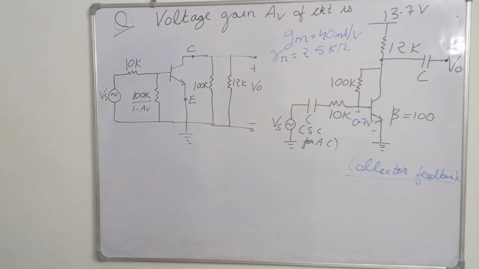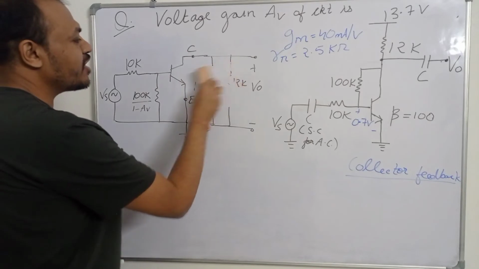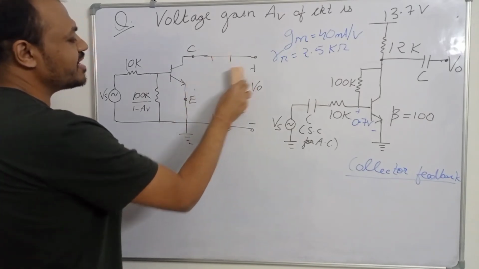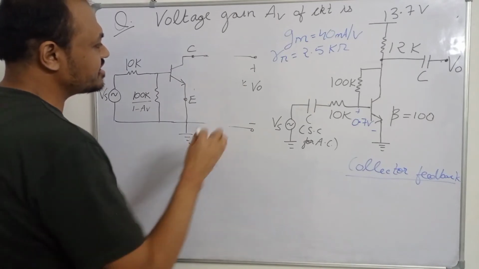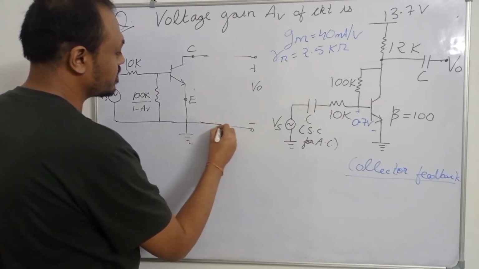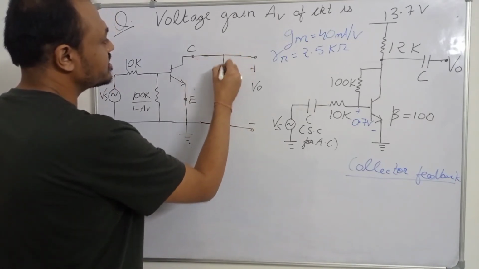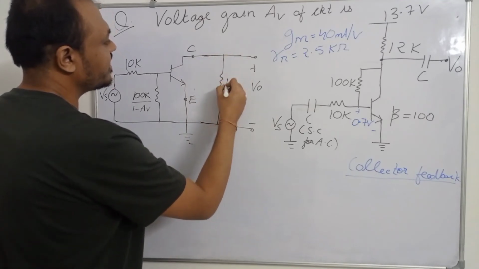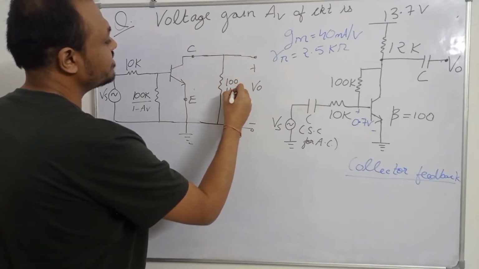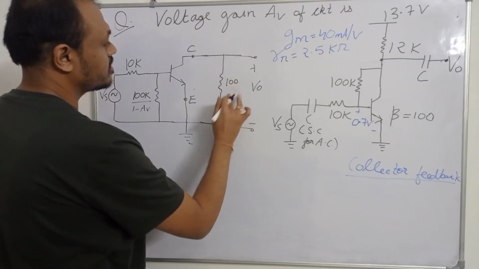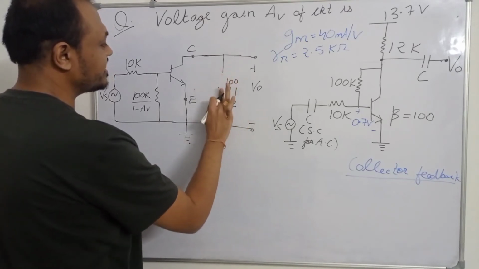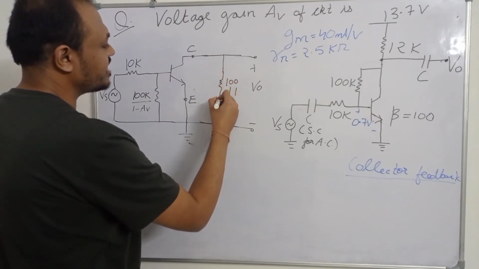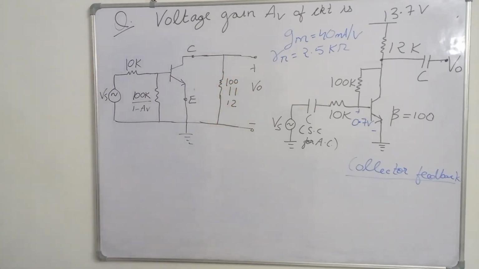100k and 12k are in parallel, so we can replace them with a single resistor, which is 100k in parallel with 12k.